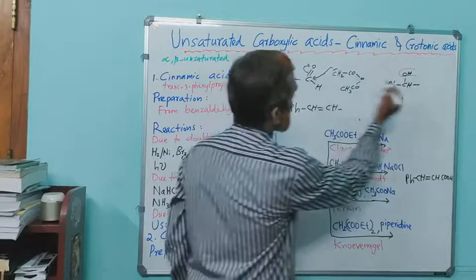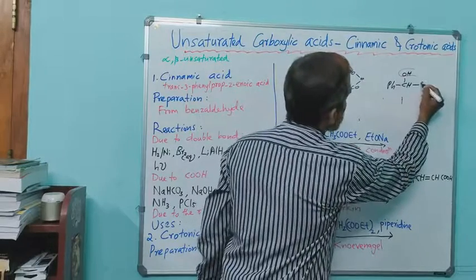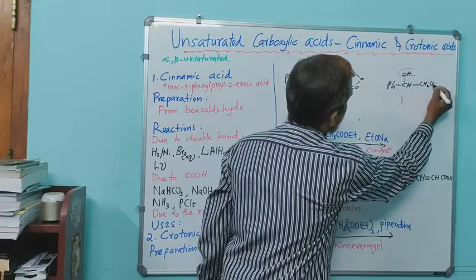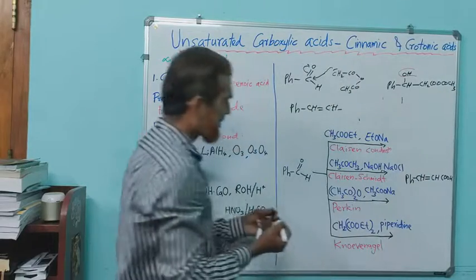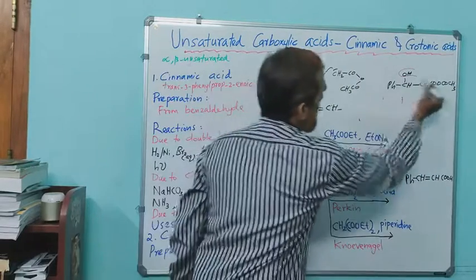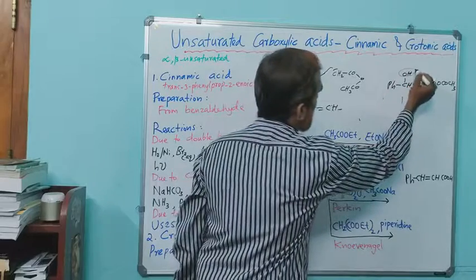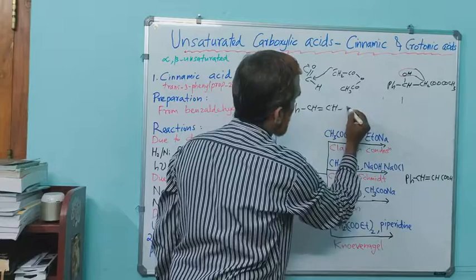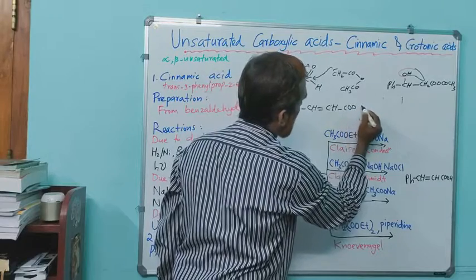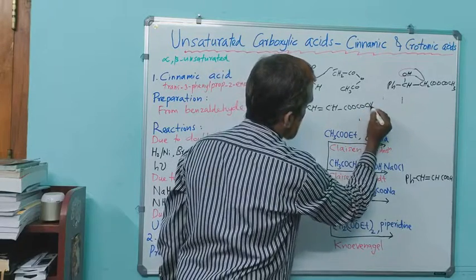So it is now CH double bond, single bond, CH2COOCOCH3. It will then lose, as usual, water from here and become double bond CH, then COOCOCH3.